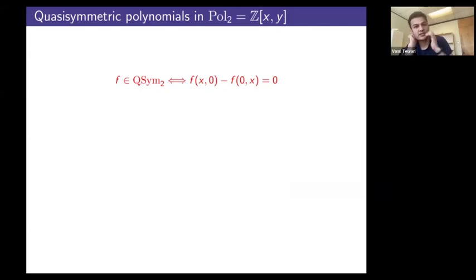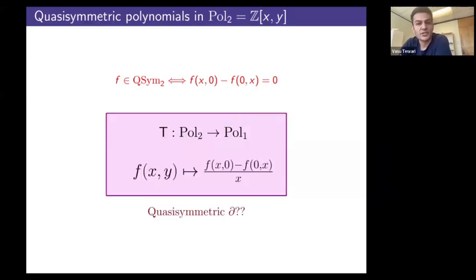So this difference captures quasisymmetry. And again, you should notice that plugging in x equals 0 gives you identically 0. So there's redundant information, and you should divide out by what's redundant. This operator T is now a map from the polynomial ring in 2 variables to the polynomial ring in 1 variable less.